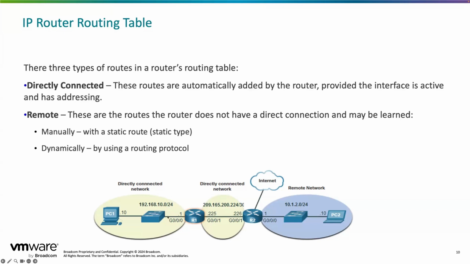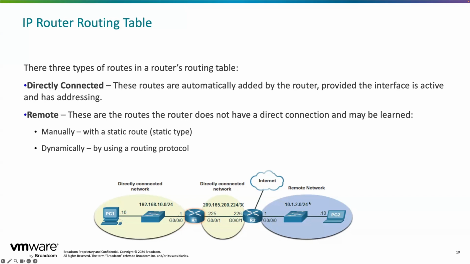If PC1 wants to connect to this directly connected host, R1 automatically routes the packet. You don't need to configure anything or leverage any dynamic protocols, because these two are directly connected. R1 naturally knows of their existence.